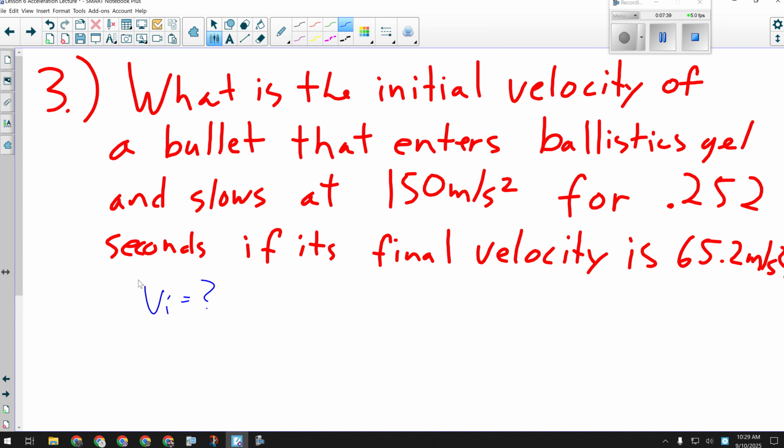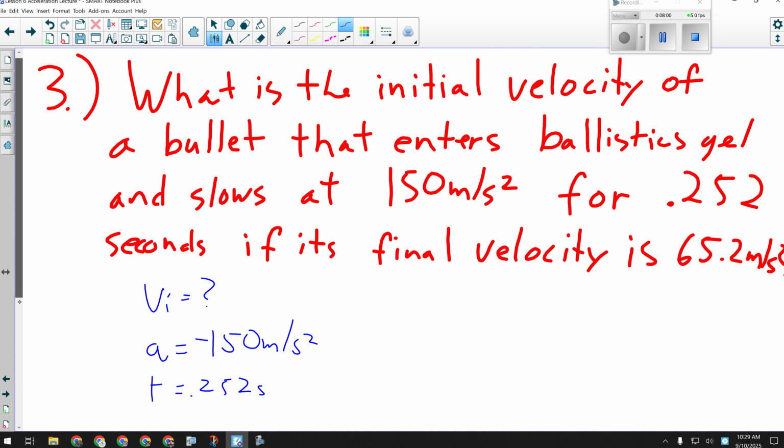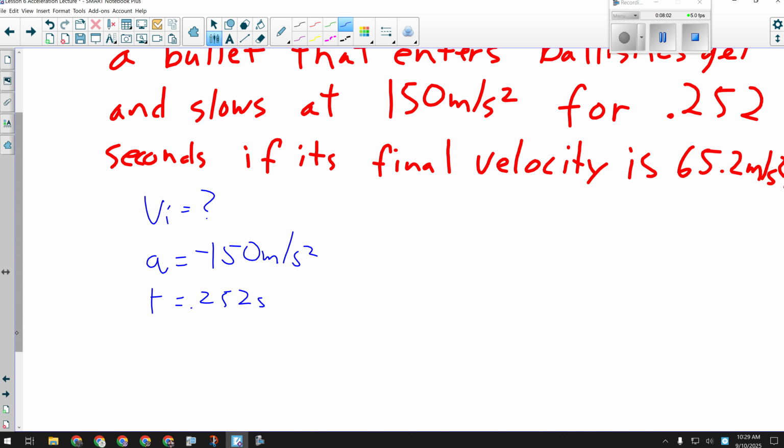So it enters ballistics gel and slows at 150 meters per second squared. What do I have to know about that number? It's negative, it's slowing. Okay, for 0.252 seconds. Okay, if its final velocity is 65.2 meters per second, what does that mean for the ballistics gel if there's a final velocity that's not zero?